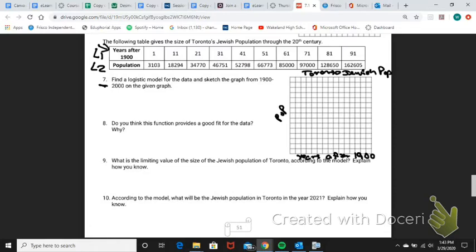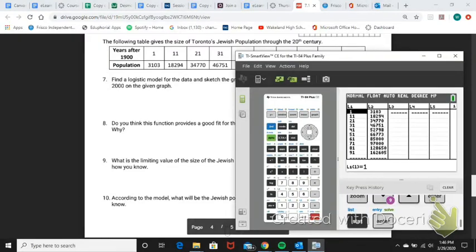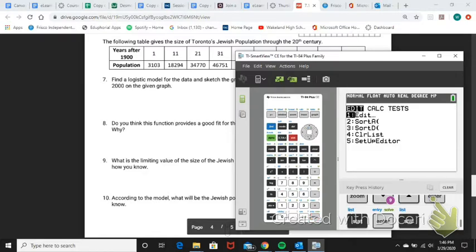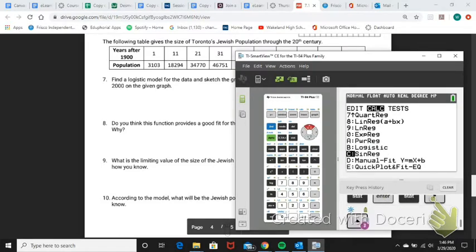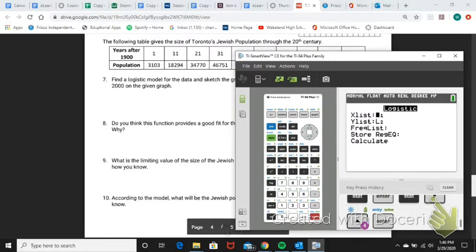So the first thing, of course, is putting everything into L1 and L2. So assuming you've done that, we'll make sure that we get everything after that. All right, so here's everything in our calculator in L1 and L2. So from here, we're going to go to Stat, over to Calculate, and then Logistic. We're going to hit Enter. We have our L1, L2.